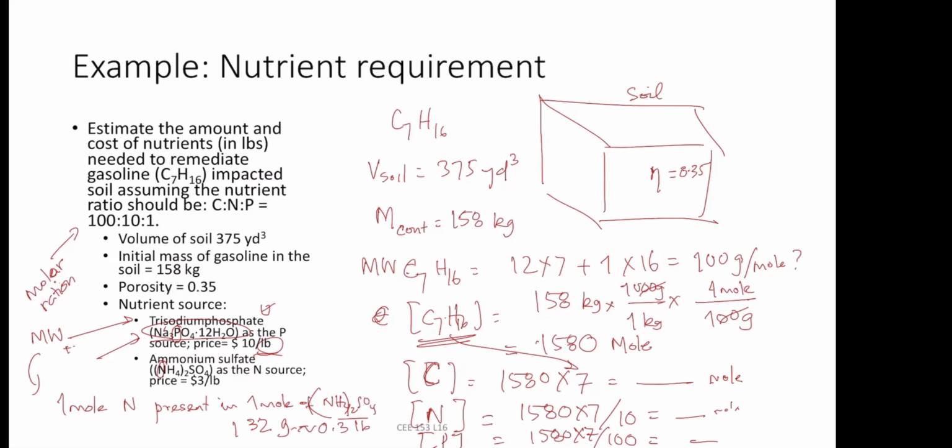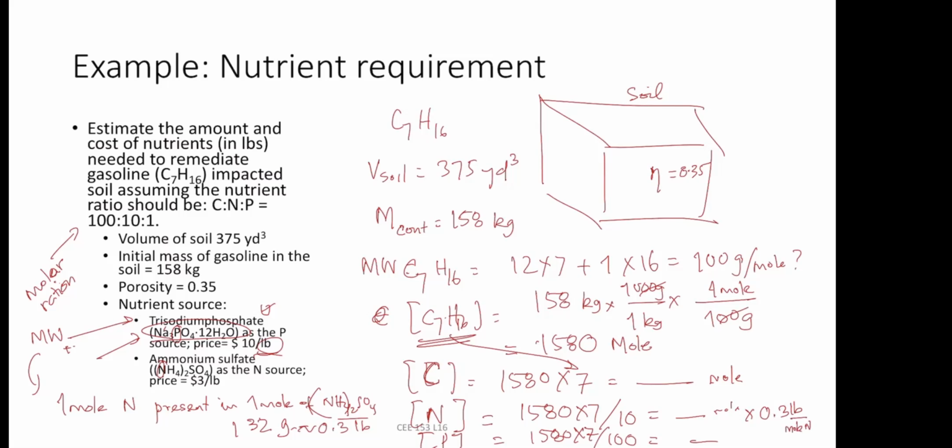Then, however many moles of nitrogen you have, you multiply. Because 1 mole of N is equivalent to 0.3 pounds of ammonium sulfate, the result will be the pounds, this is pounds per mole of nitrogen.